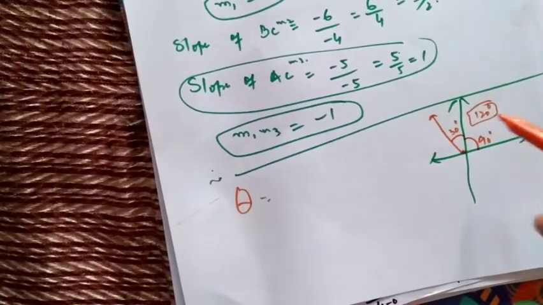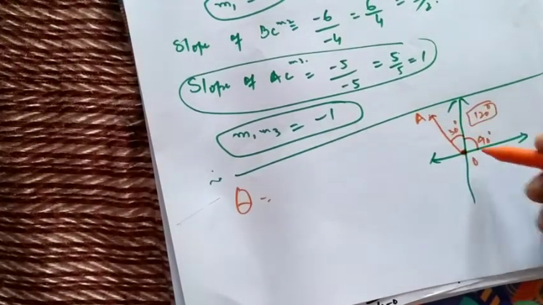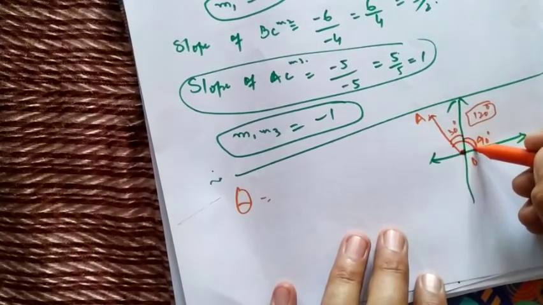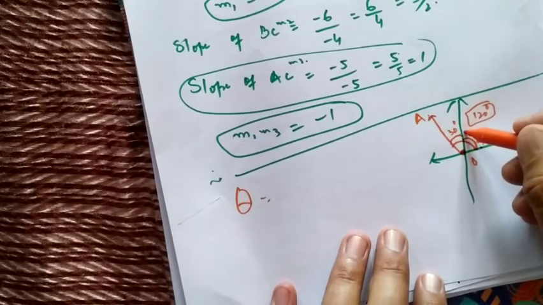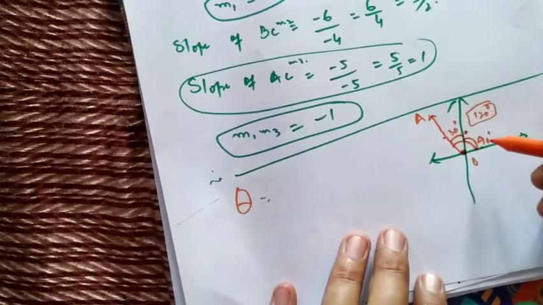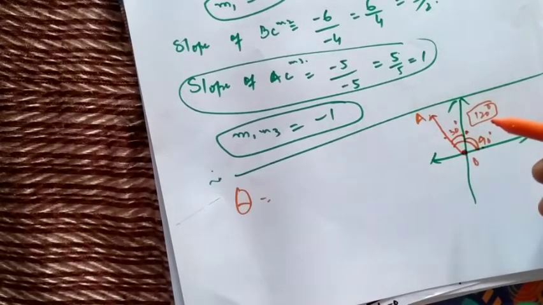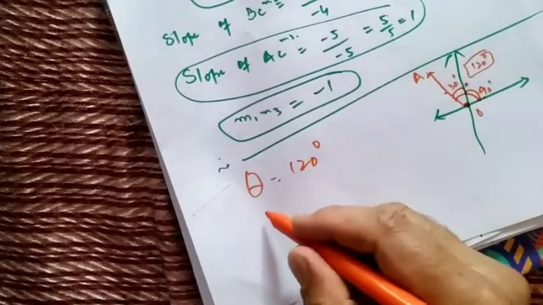So when you have this line, with origin O and point A, if you want the slope of OA, you simply find the tangent of the angle which the line OA makes with the x axis in the positive direction. From here to here in the first quadrant is 90 degrees, and from here to here is 30 degrees, so the total angle is 90 + 30, that is 120 degrees. So theta is 120 degrees.